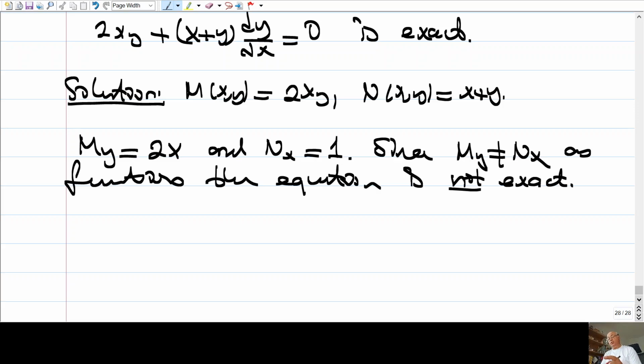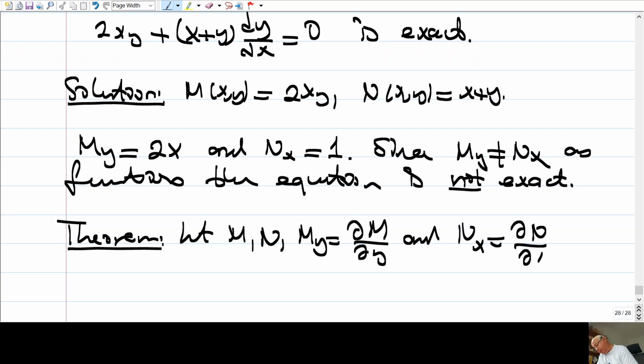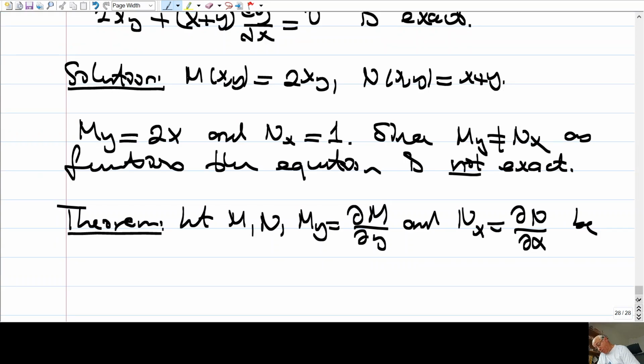So the next question is, if they were the same, would it be exact? And that is answered in the following theorem. Okay, so let m, n, m sub y, and n sub x be continuous.